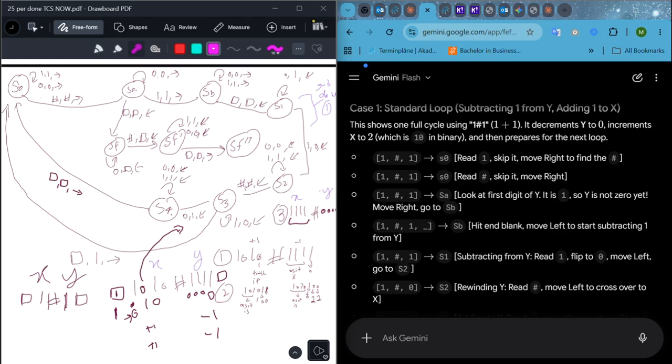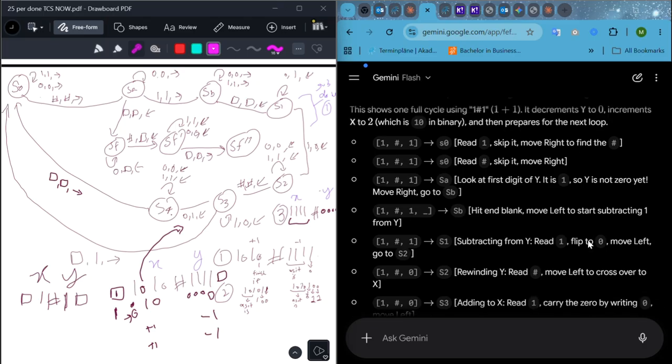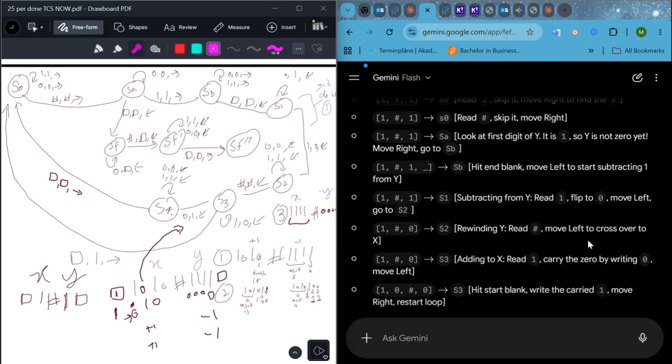But in our case, in S1, it says that subtracting from Y, read 1, flip it to 0, move left. That's exactly what I said. So we read 1, make it 0, and move left. So this becomes a 0. Let me change it to a 0. And we are transitioning to the S2 state.